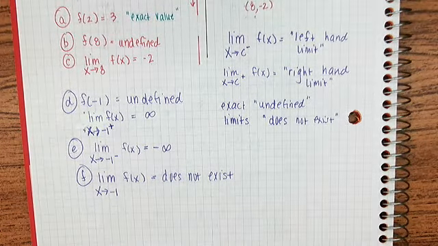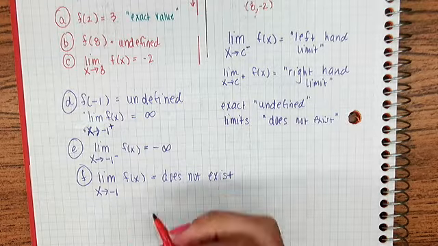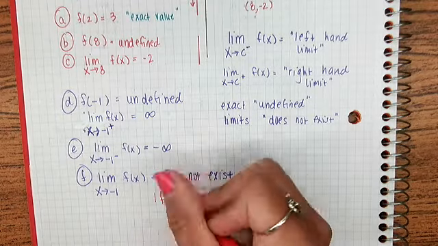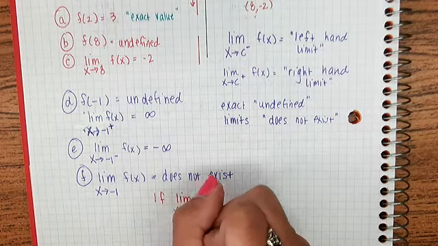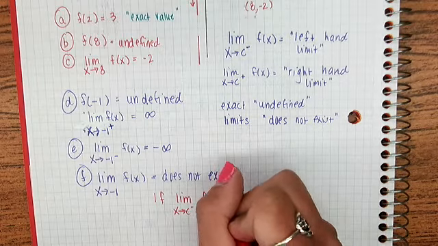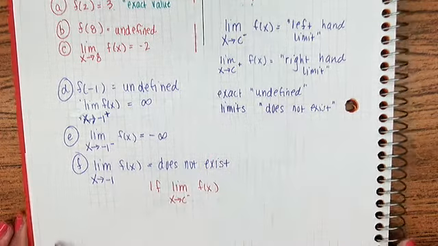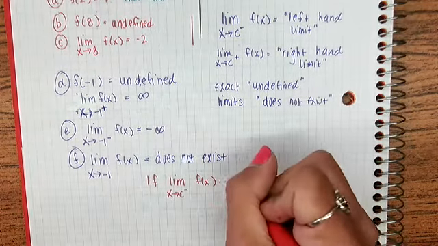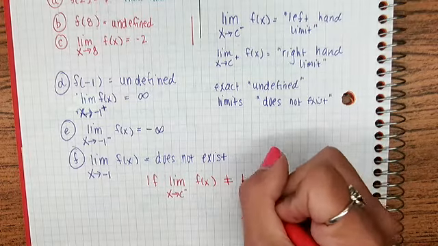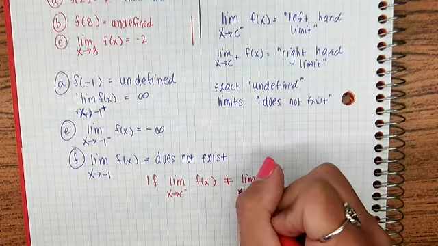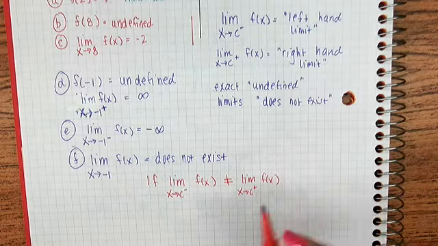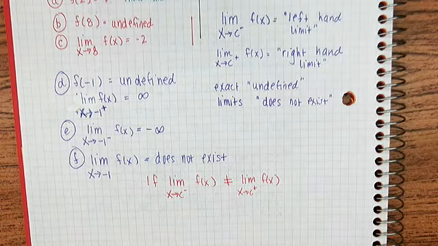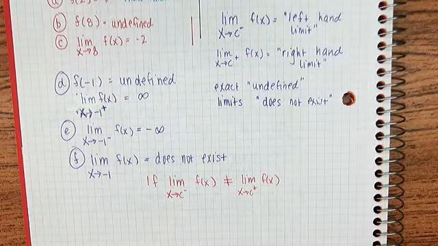Let's try and write that in as a little summary. How about this? If the limit as x approaches c from the left of the function does not equal the limit as x approaches c from the right-hand side, oh, this fancy lingo you're learning.